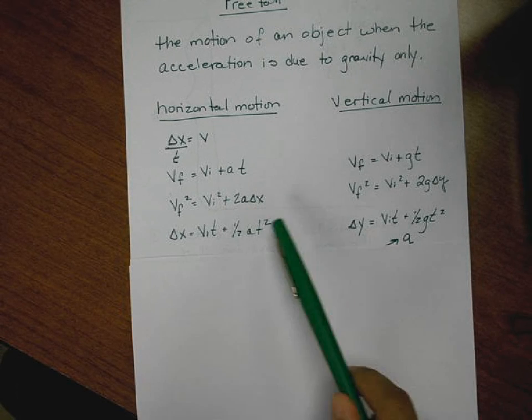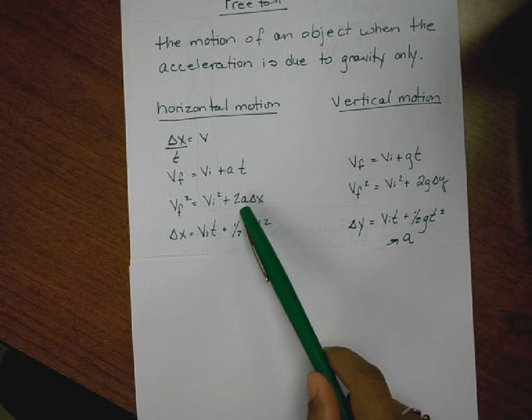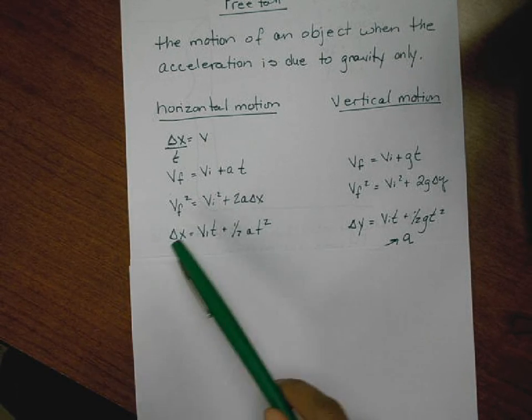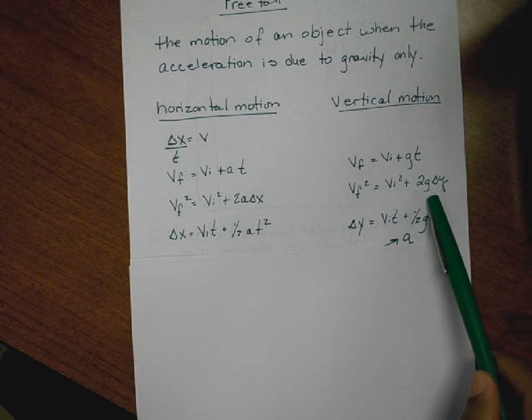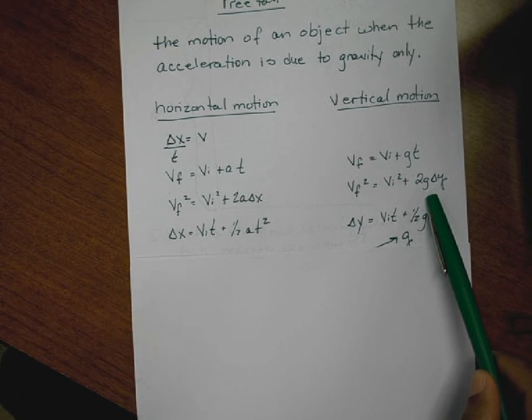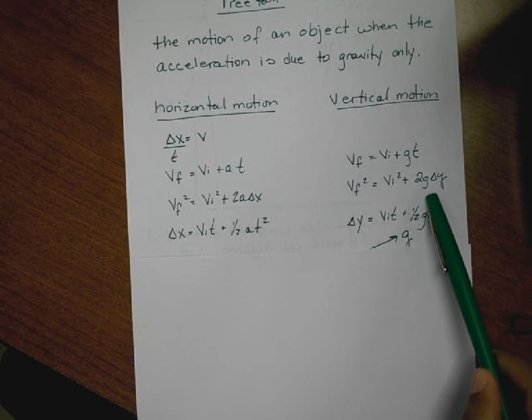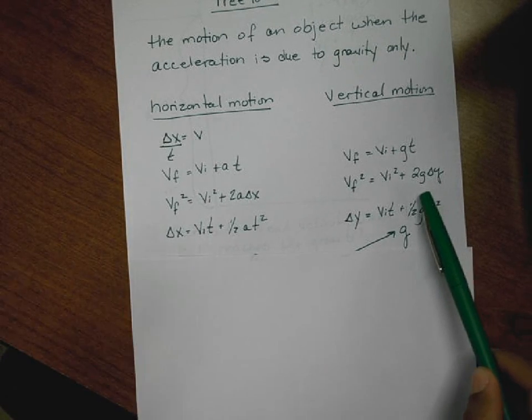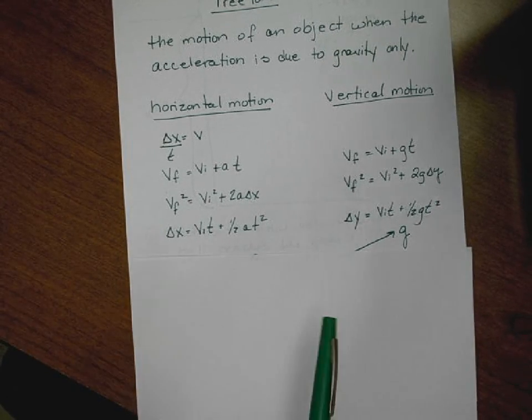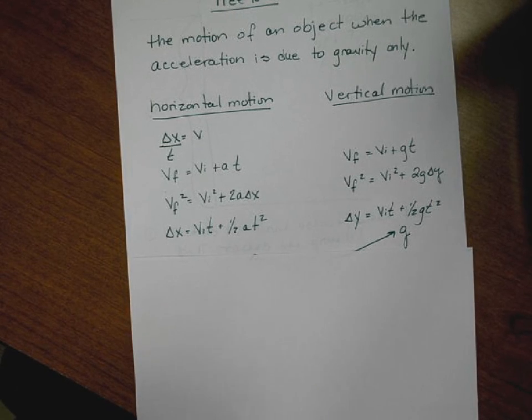And if you're noticing, the acceleration is going from a, which could be any number, to g, which is 9.8, and I'll show you that again in a moment, or whatever it is on whatever planet you're on. For the most part, we are here on Earth, so for the most part, it will be 9.8. A few of your homework questions have placed the object on the moon or on Mars, and then it'll give you the gravity of those locations.